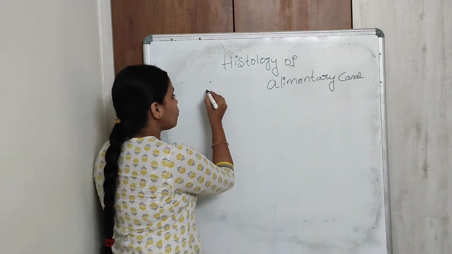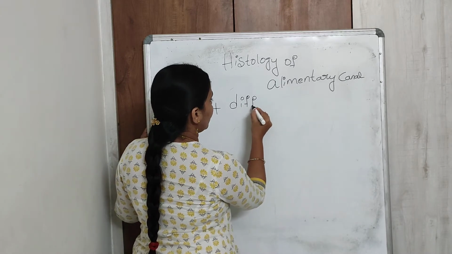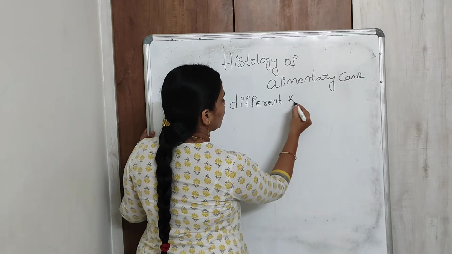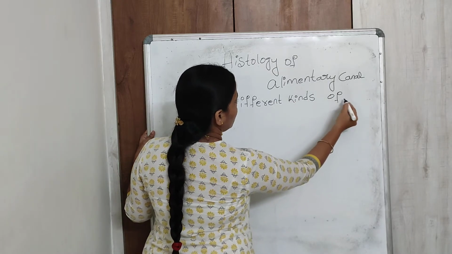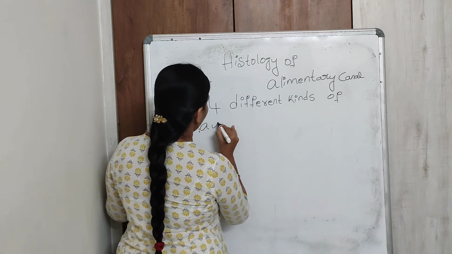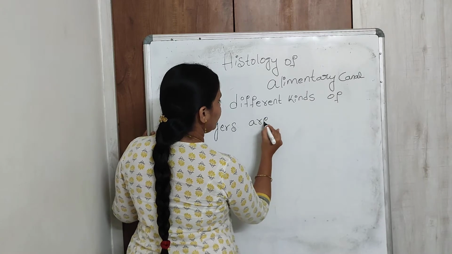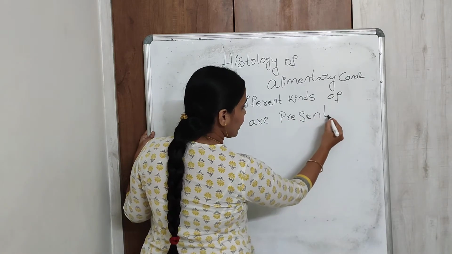So there are 4 different kinds of layers present in the alimentary canal.